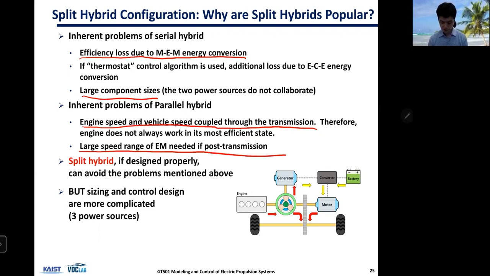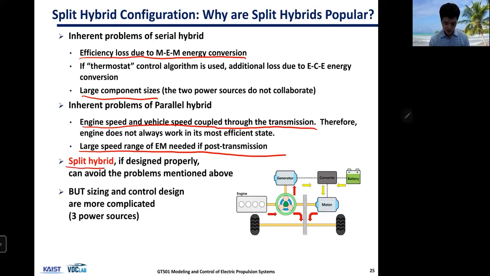Back to the transmission issue, because transmission is used, you have some losses from transmission, but you do not have energy conversion losses. And then you have partly limited engine speed, engine operation. Okay.